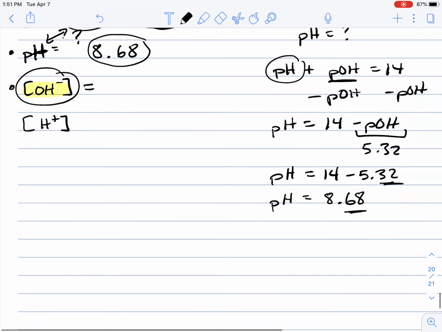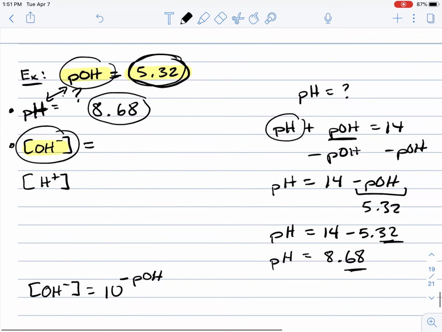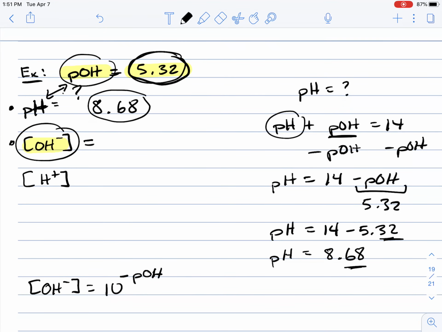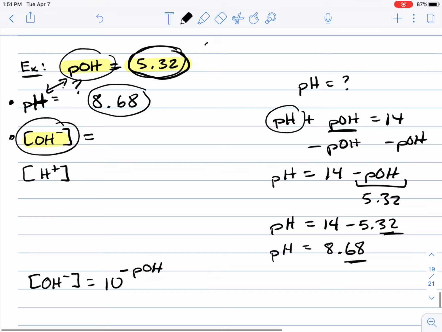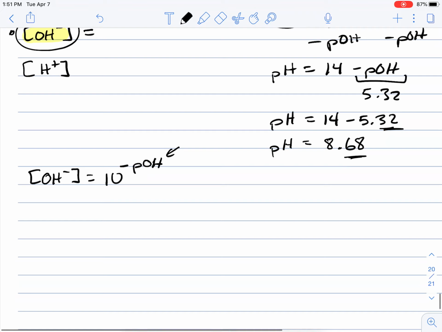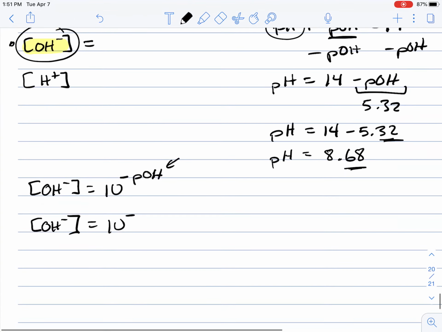So let's see here. The concentration of hydroxide is equal to 10 to negative pOH. Okay. So it's very similar to what we did in the previous example. So all I'm going to do is plug in this 5.32 into the exponent. So the concentration of OH minus is equal to base 10 to the minus 5.32.